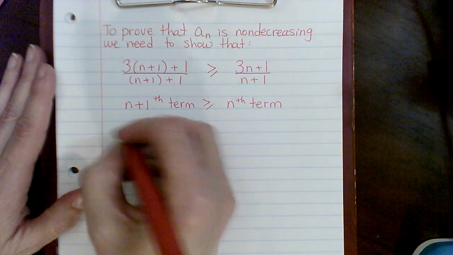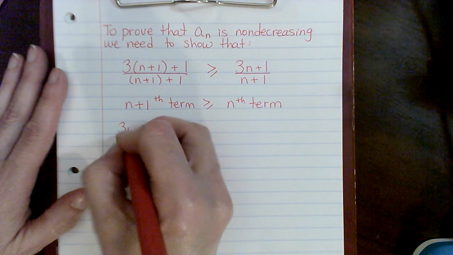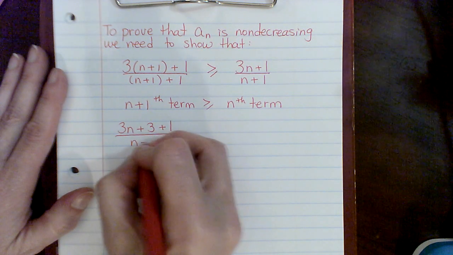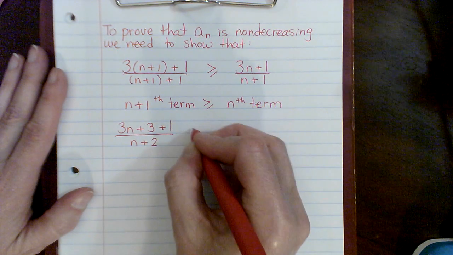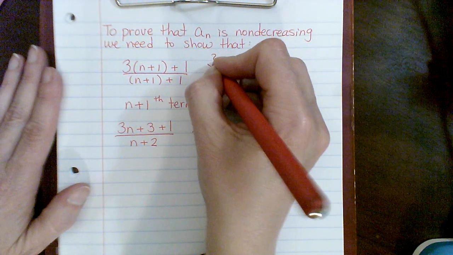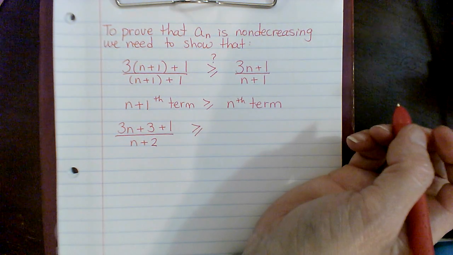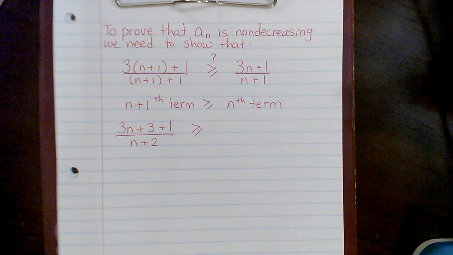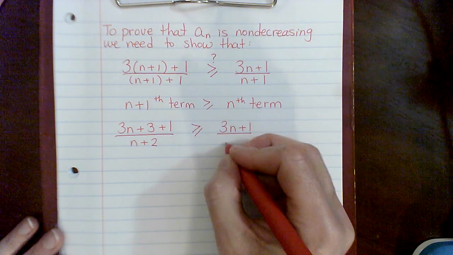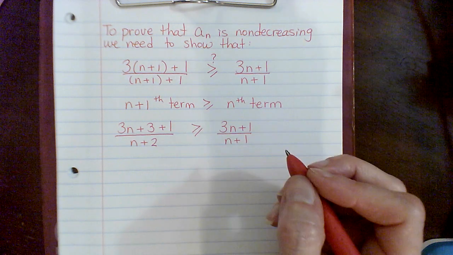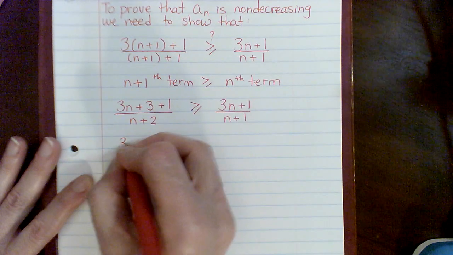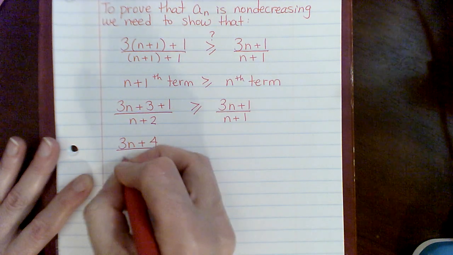So we get 3n plus 3 plus 1 over n plus 2, and we're trying to verify this. You could put a little question mark over there, just to show that we're trying to verify that inequality. And that'll be 3n plus 4 over n plus 2.